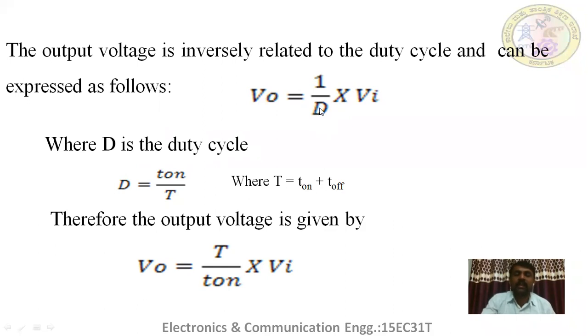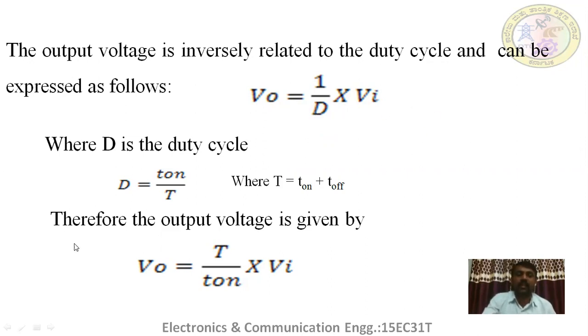I mean, if the percentage of duty cycle is increased, the output voltage decreases, and vice versa. That means if you want to increase the output voltage, it is required to reduce the on duration. If you want to decrease the output voltage, it is required to increase the on duration of the switch.